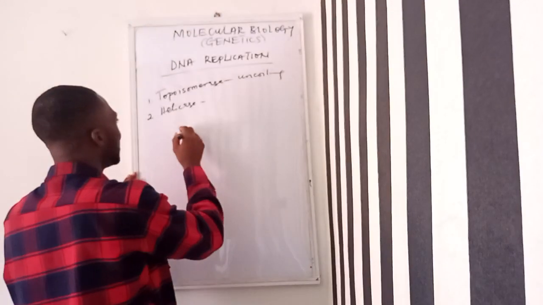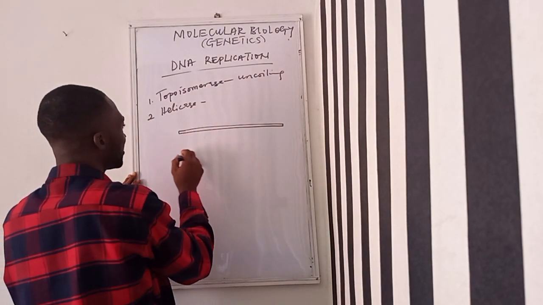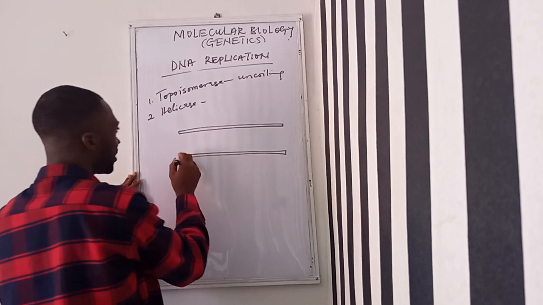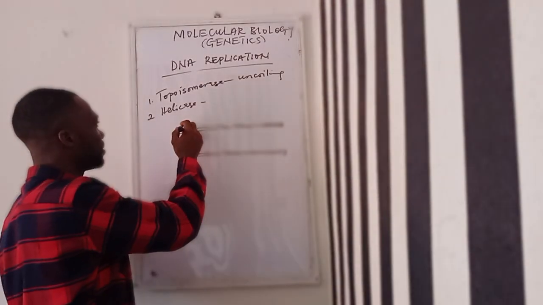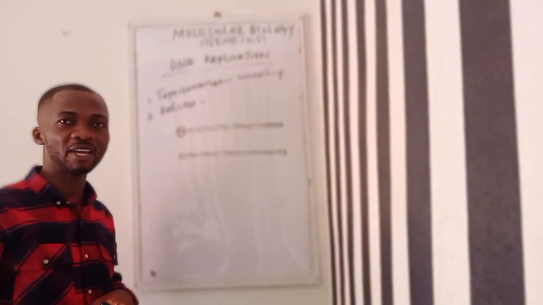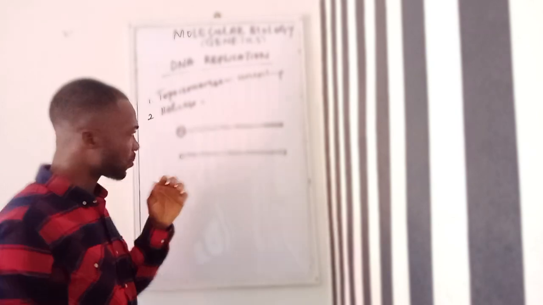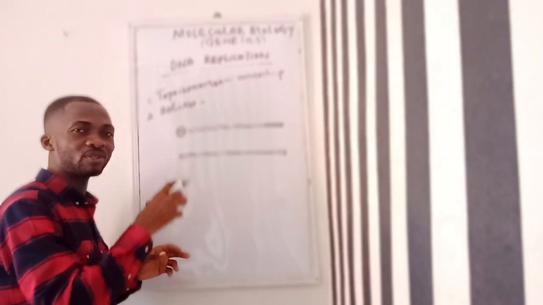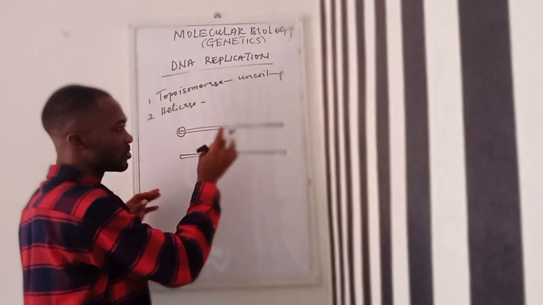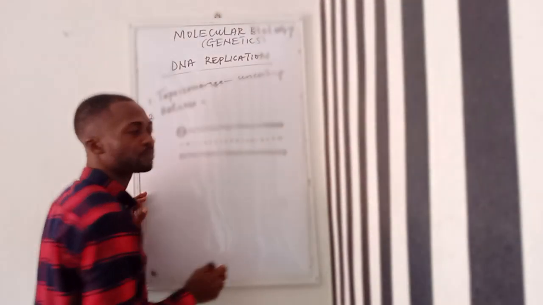If it's separated in such a way that we now have this, then the main replication can occur. And the main replication occurs through the help of the enzyme called DNA polymerase, especially DNA polymerase 3. Once it binds on the strand, it's not released until it is done replicating the complementary strand.